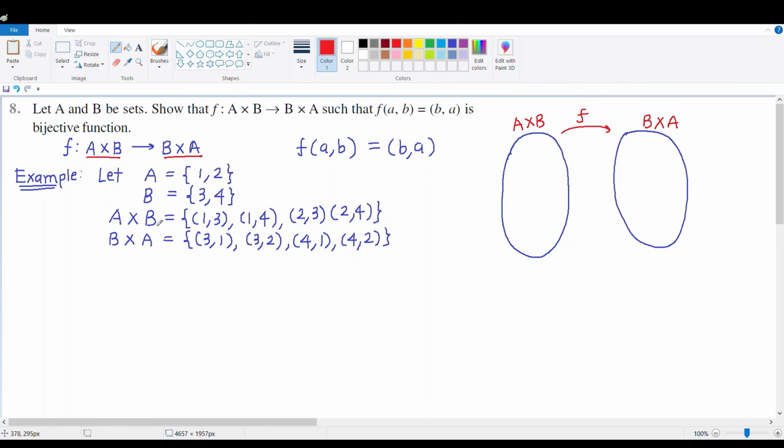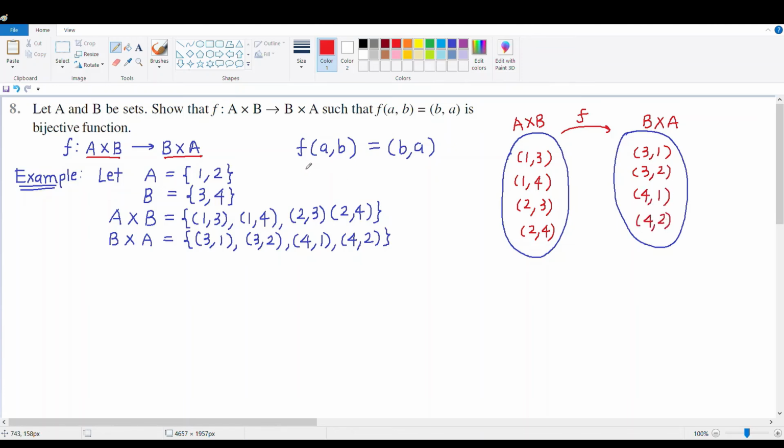So A cross B elements we are going to list here: (1, 3), (1, 4), (2, 3), (2, 4), and these elements I am going to write here: (3, 1), (3, 2), (4, 1), and (4, 2).